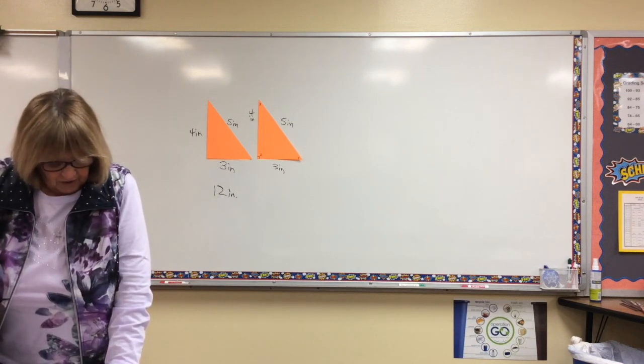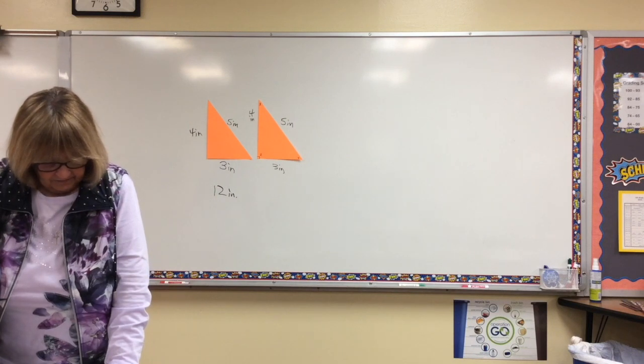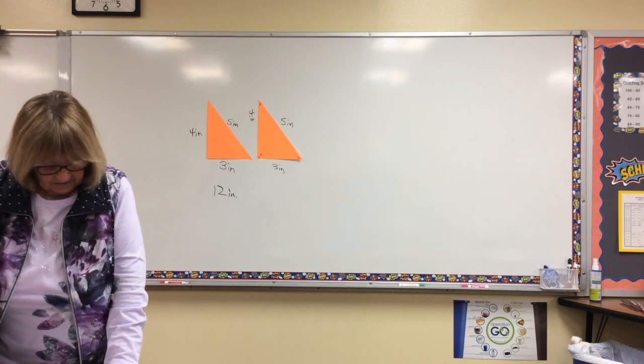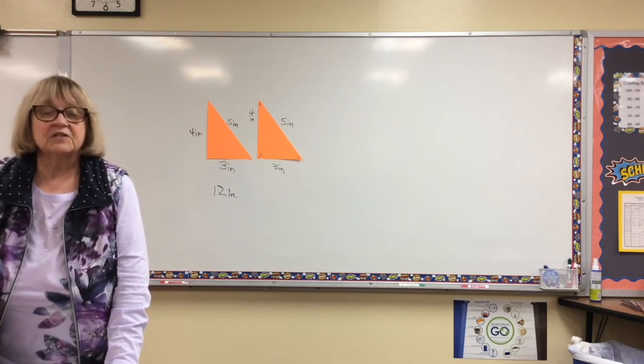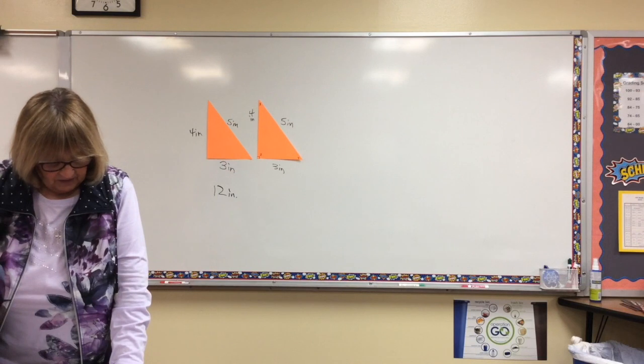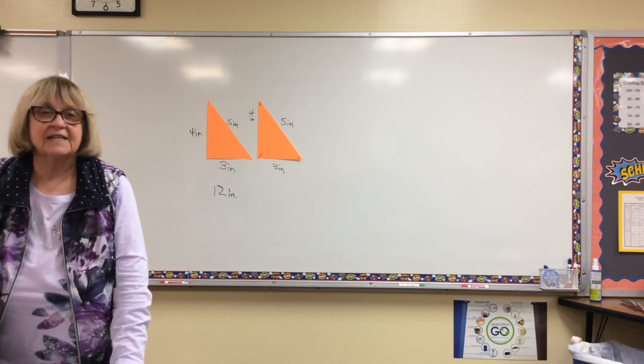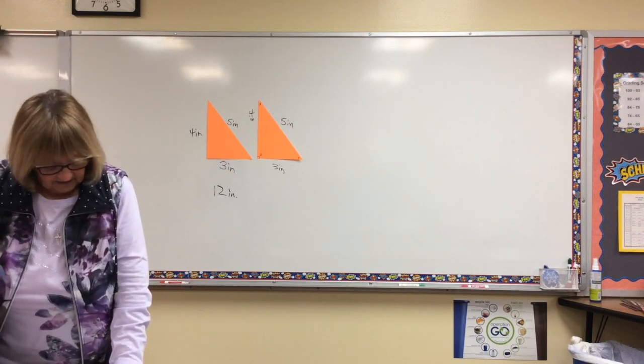Okay? We know that the top angle is 30 degrees. The bottom angle is 60 degrees. Because they are similar in shape, we know that angle A obviously is 30 degrees and angle B will be 60 degrees as angle C is 90 degrees.